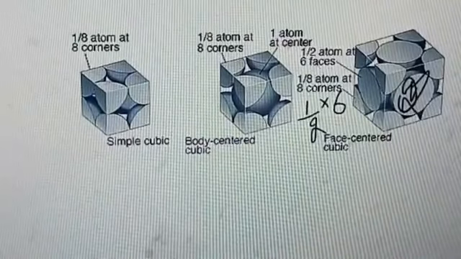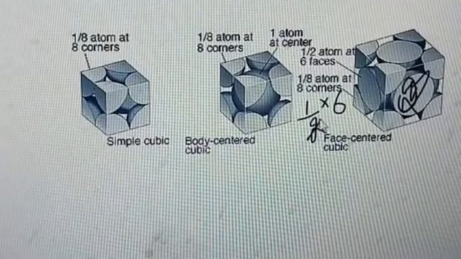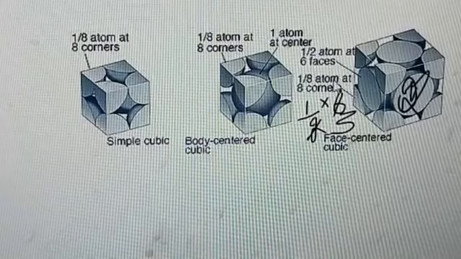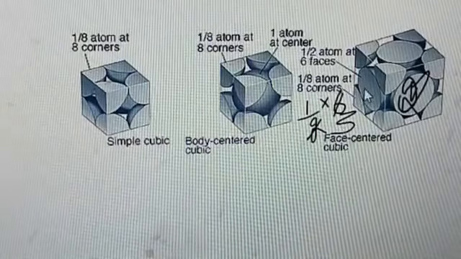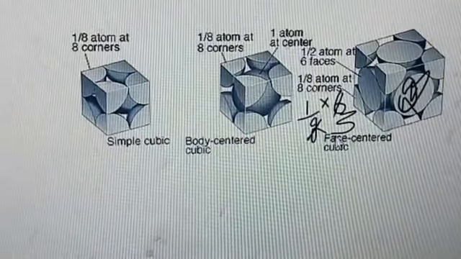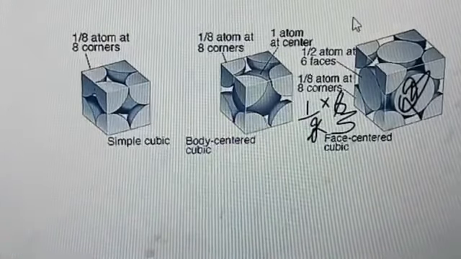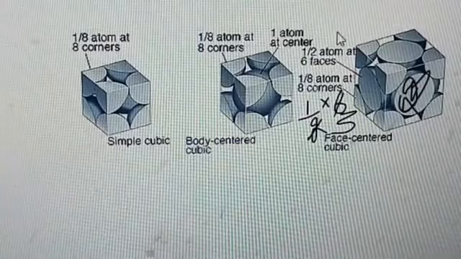So we have 6 faces. So 1 by 2 into 6, 2 threes are 6. So at the corners 1 by 8 into 8 means 1, and at the faces 1 by 2 into 6, that is equal to 3. So the total number of atoms per unit cell in face centered is 4.